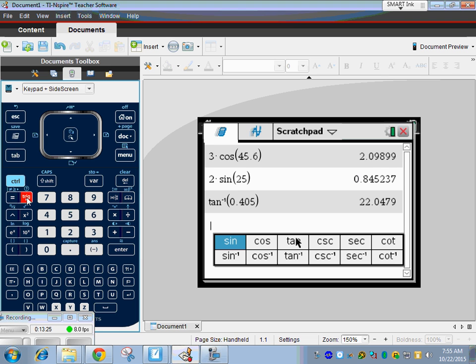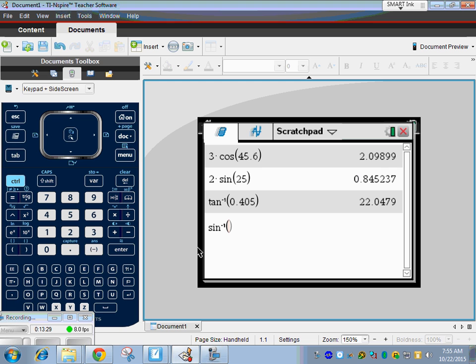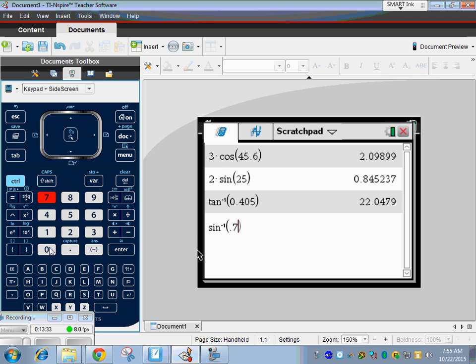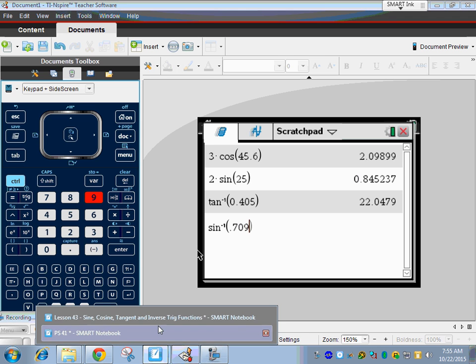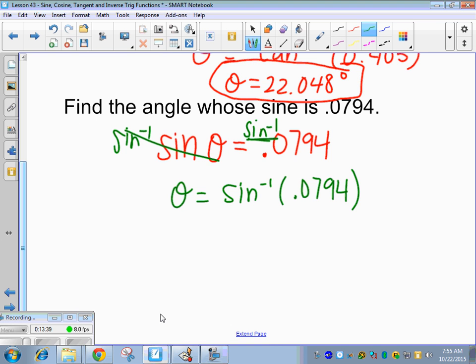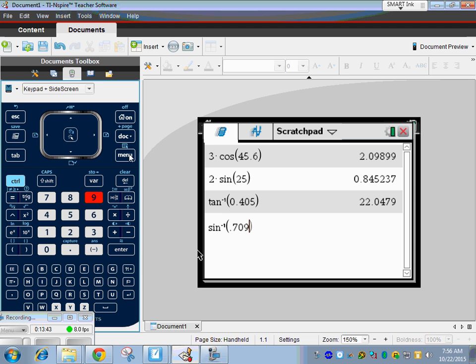So again, trig, sine with the little -1 means inverse sine. And then we're going to plug in the decimal 0.709. Was that it, you guys? I think that's the same, right? Oh, 0.794. Okay, you guys got it. 0.794.